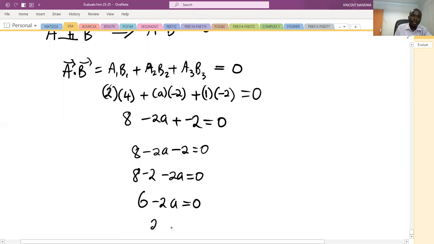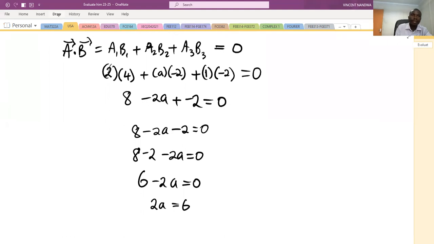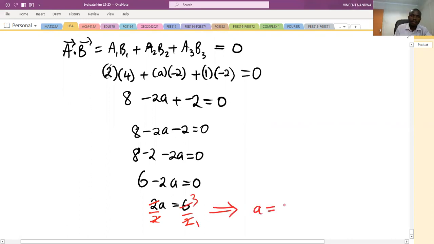This means 2a equals to 6, taking this to the right. And then to get a, divide through by 2. So a is given by 3. So therefore, the value of that constant is 3.